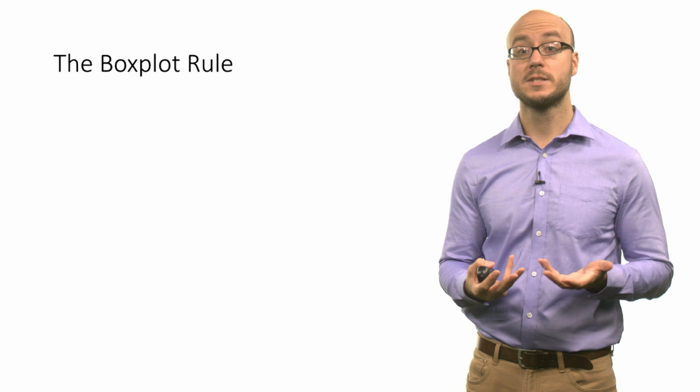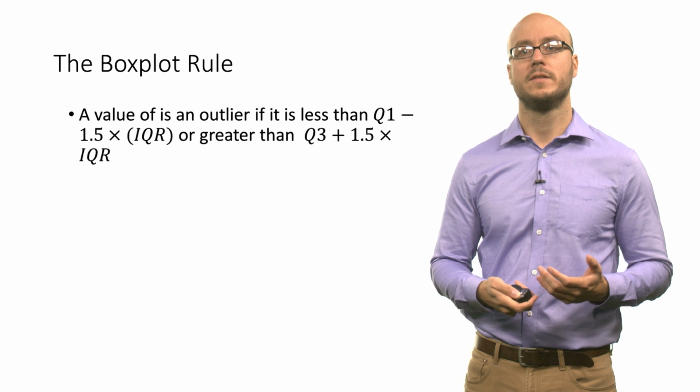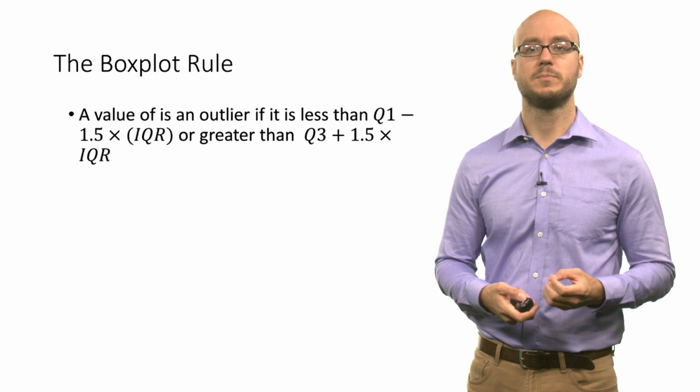So one commonly used measure for finding an outlier is something known as the Boxplot Rule. Because there is no one hard and fast rule for identifying outliers, a lot of people have coalesced around this idea of the Boxplot Rule.